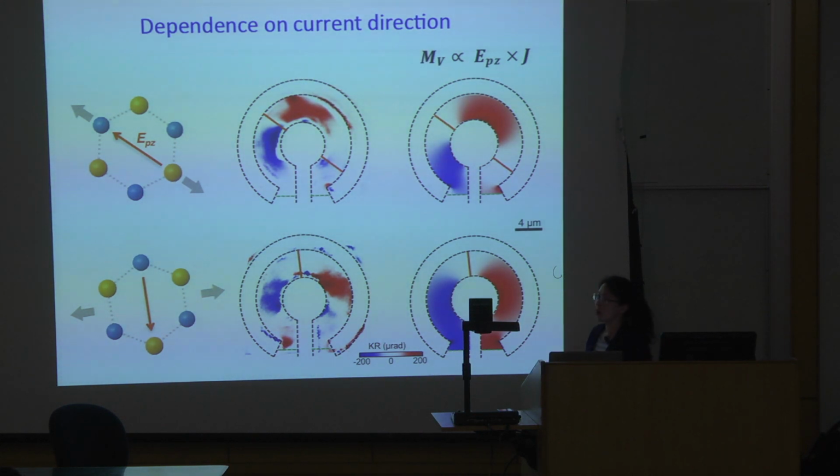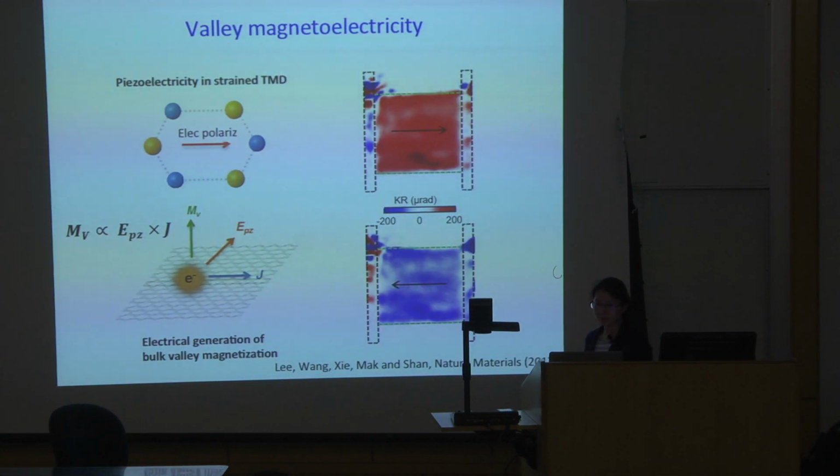And when you run current, you have the magnetization, which goes like a cross product of the two. And this is out of plane, okay? So this tells us something.